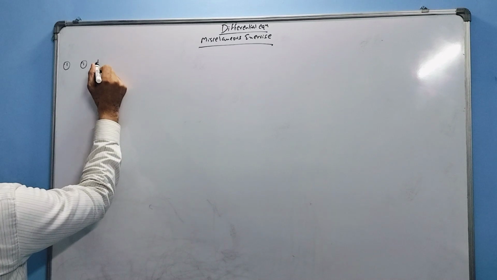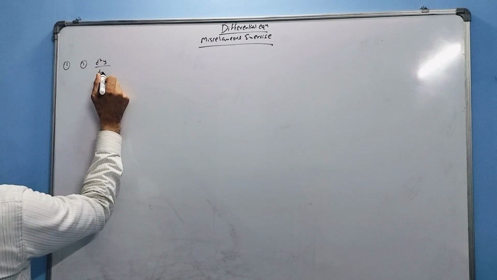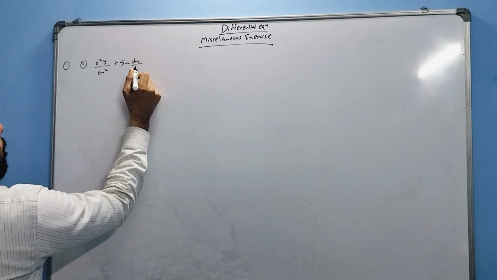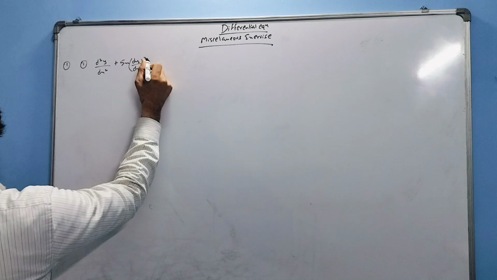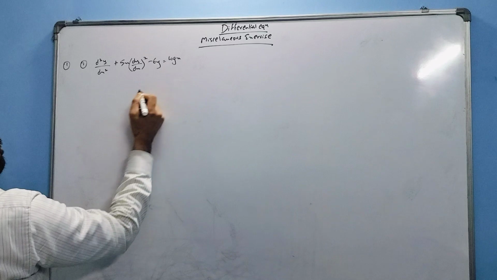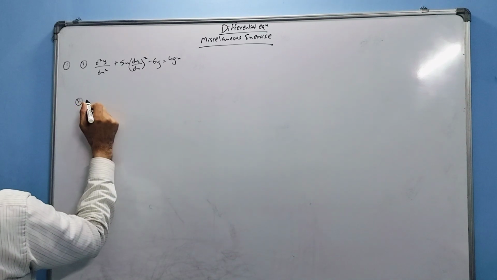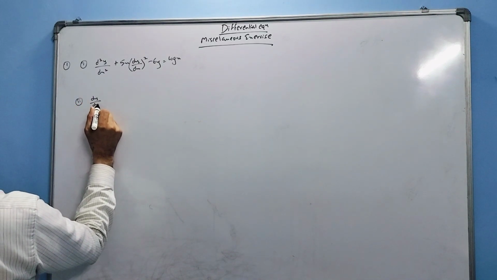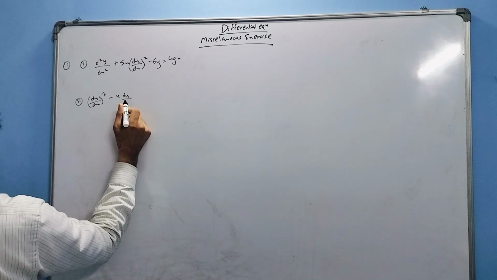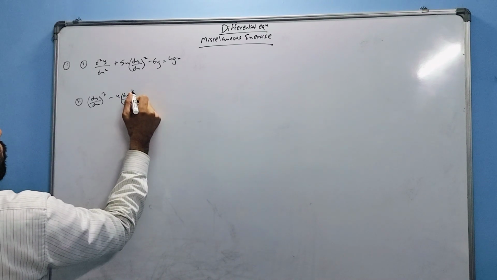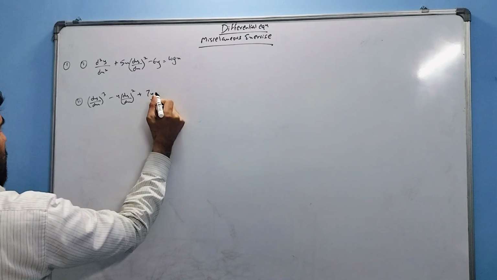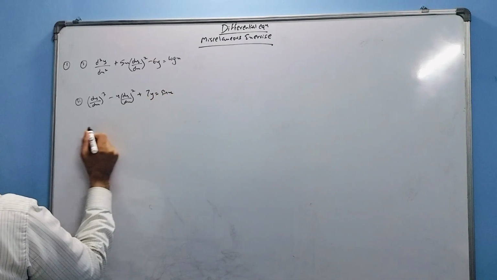That is d square y upon dx square plus 5x (dy upon dx) whole square minus 6y is equal to log x. Second, I have (dy upon dx) whole cube minus 4 (dy upon dx) whole square plus 7y is equal to sin x.